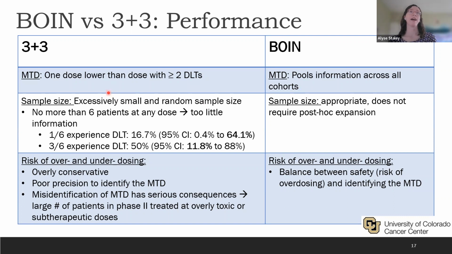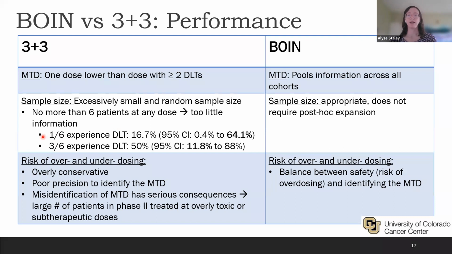Additionally, the 3+3 design has an excessively small and random sample size. Therefore, no more than 6 patients can ever be treated at any dose, which just isn't much information to make these decisions on. For example, you might observe a DLT rate of 16.7%, or 1 out of 6 patients experiencing a DLT. And that is really low.